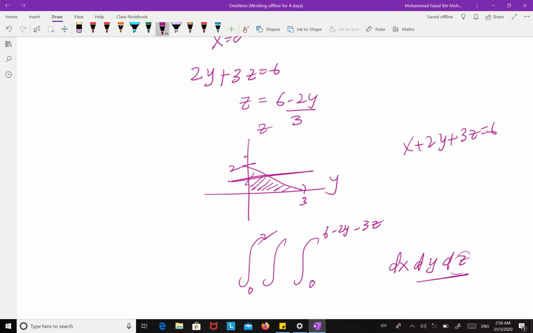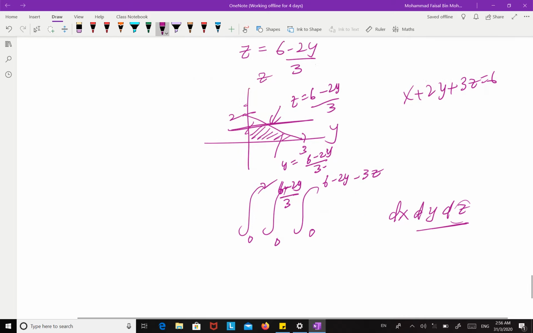And then z equals (6 minus 2y) over 3, or you can put y equals (6 minus 3z) over 2, right? So this is from 0 to (6 minus 2y) over 3.